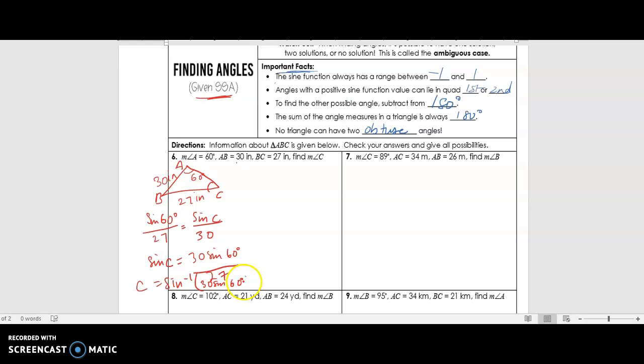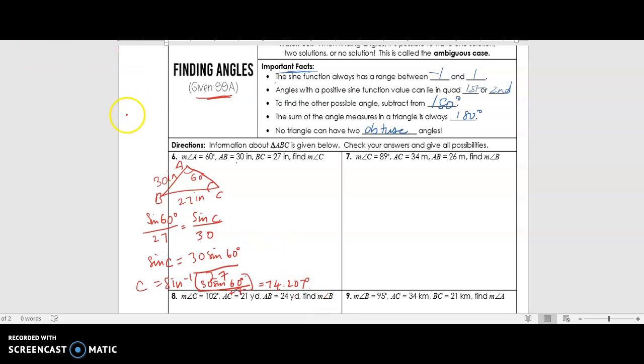Just be careful that right after sine 60 you close the parenthesis, over 27. It will give you a value of 74.2007, something like that.